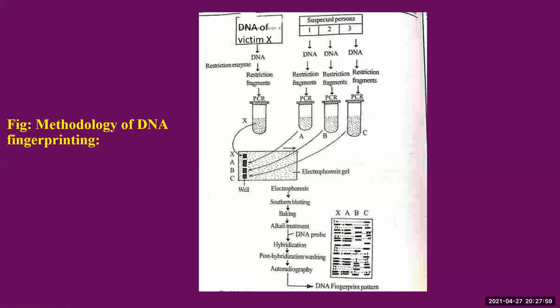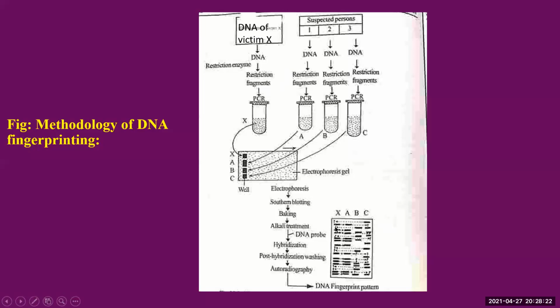So the tissue samples collected from the nails, or any other sample collected from the clothes or hairs plucked from the suspected person. So this is not the DNA of victim, but the sample collected from the site of crime from the victim, right?